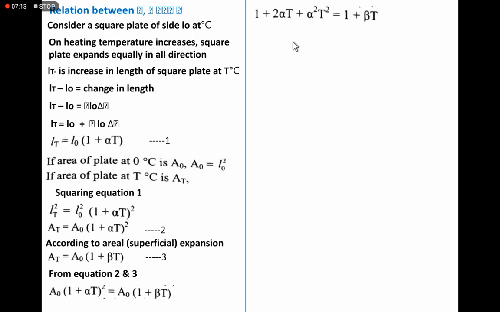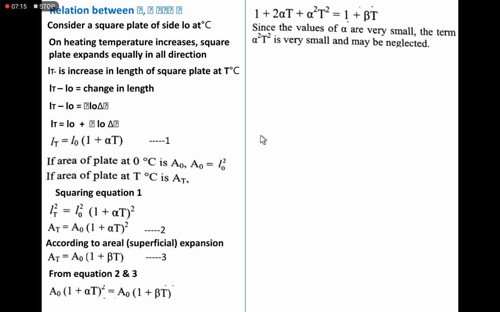Here the alpha square T square term is neglected. Why is it neglected? Because alpha is very small. Practically, alpha, the coefficient of linear expansion, is of the order of 0.002, and its square is again a very small quantity, so it is neglected.